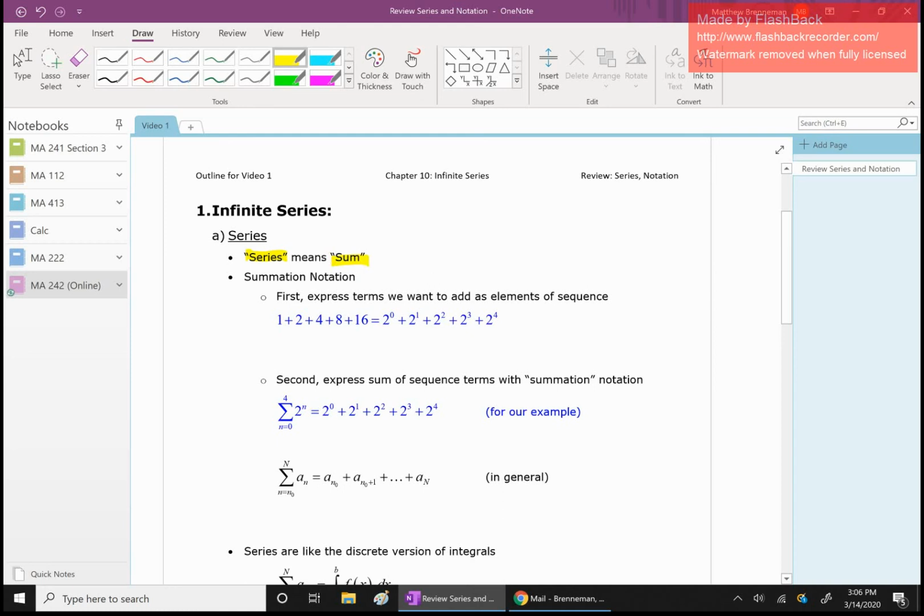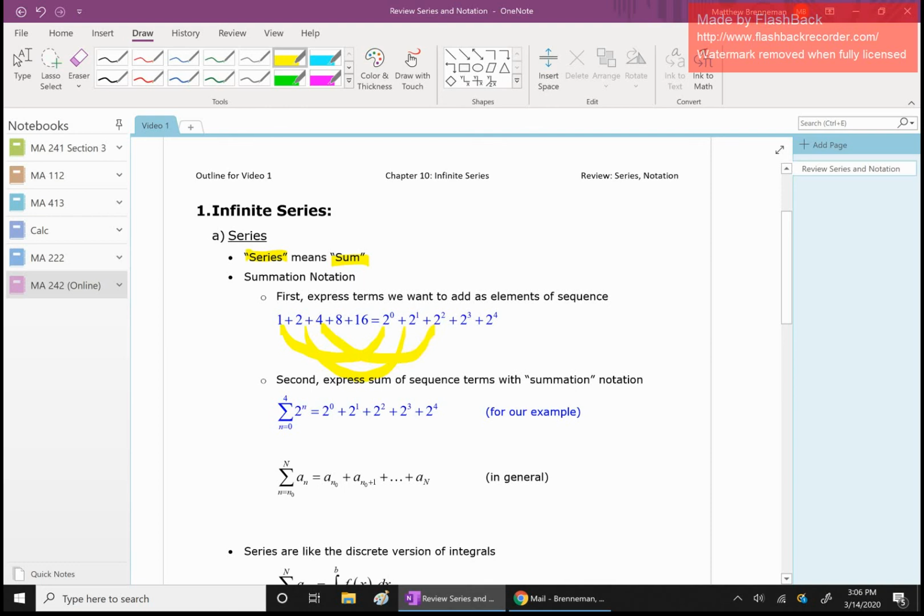And in mathematics, we introduce a compact notation to represent sums. And the first thing we do is we generally re-express the terms that we're summing as elements of some sequence. So if I wanted to add, for example, 1, 2, 4, 8, and 16, I might realize that I can write 1 as 2 to the 0, 2 as 2 to the first, 4 as 2 to the second, and so on.